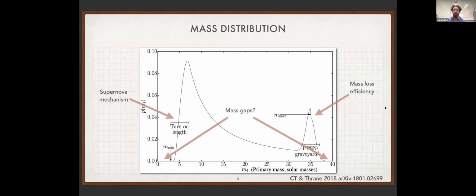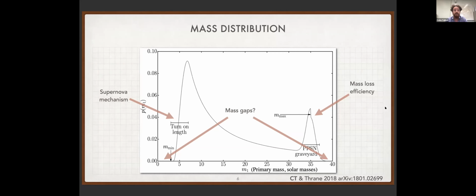We were looking primarily at the two ends of the distribution, because there were various predictions from observed galactic black holes. There seems to be a mass gap between neutron stars and black holes at the low mass end. And then there's a theoretical prediction of pair instability supernovae, which say that there should be another mass gap above about 40 solar masses. You can see in this schematic illustration that we have those two mass gaps built into the model.